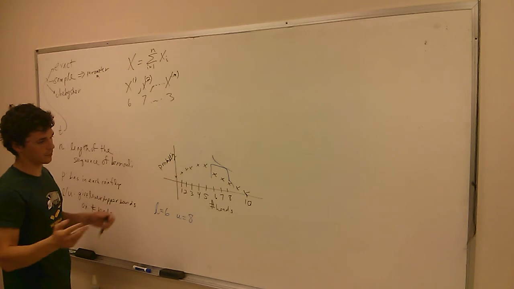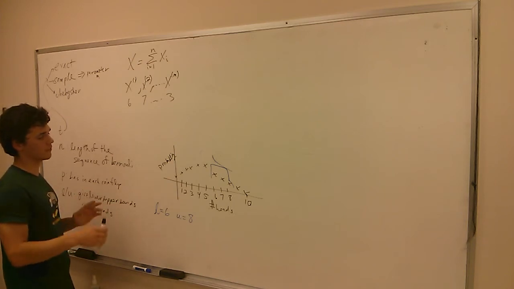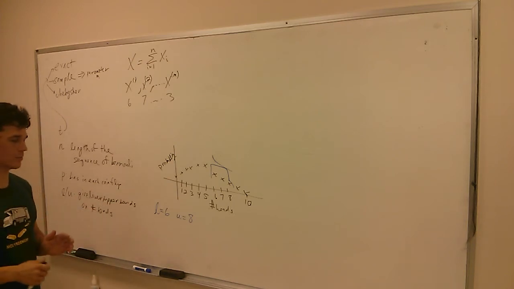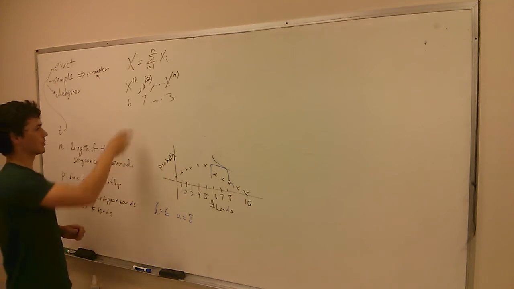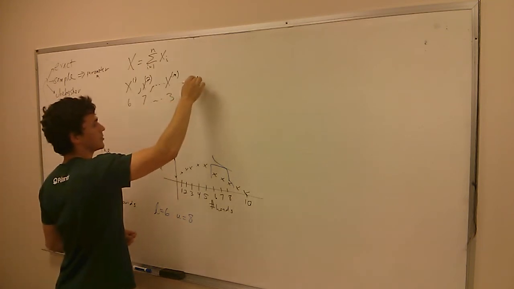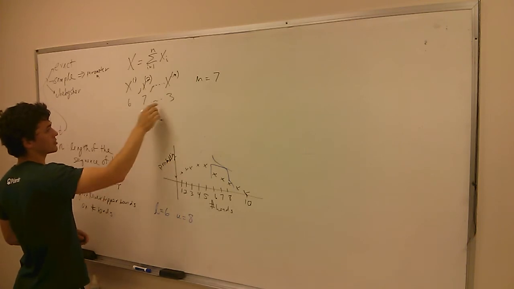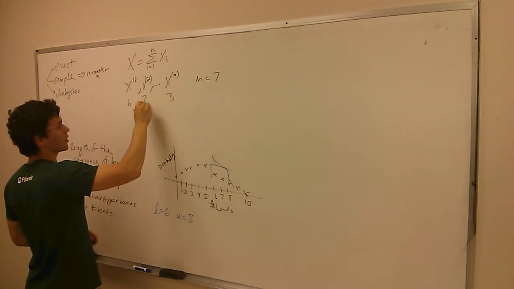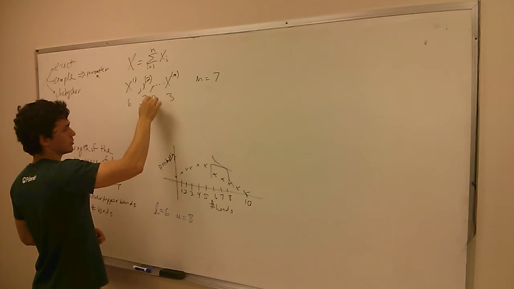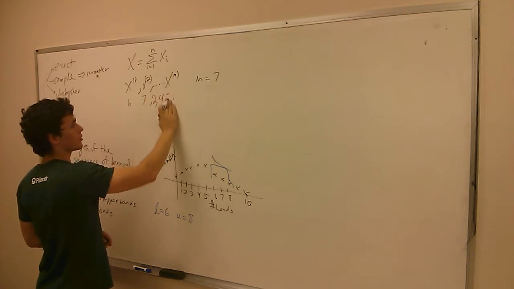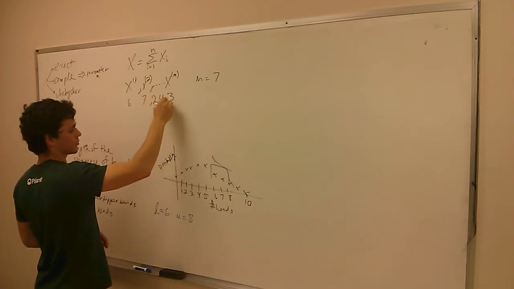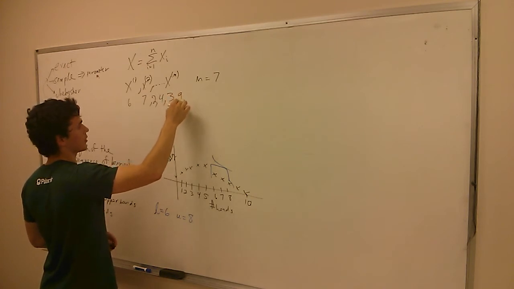So we can do random flipping in programming. Every language imaginable has a random function. In this case, let's be concrete, let's say m equals 7. So let's say the values are 6, 7, 2, 4, 3, 9, 10.